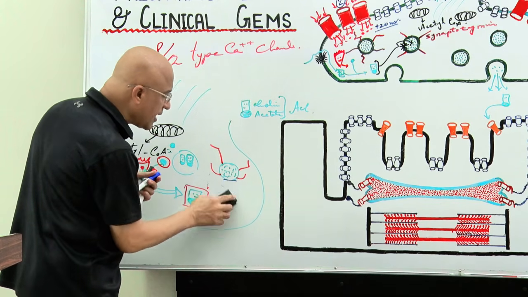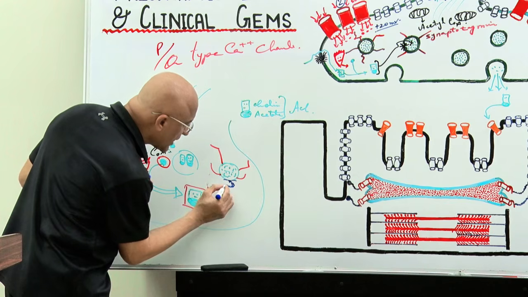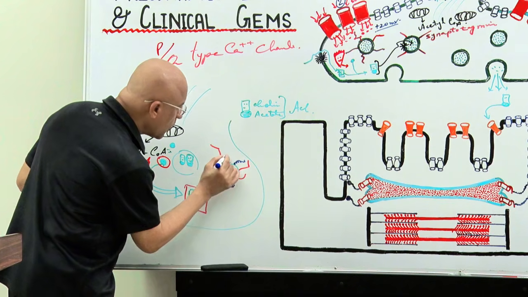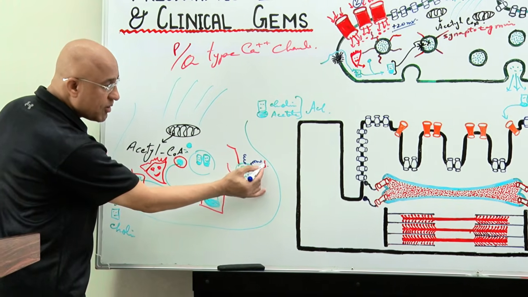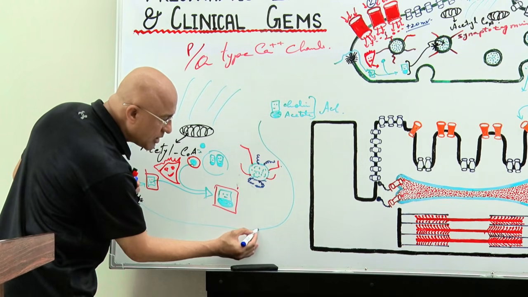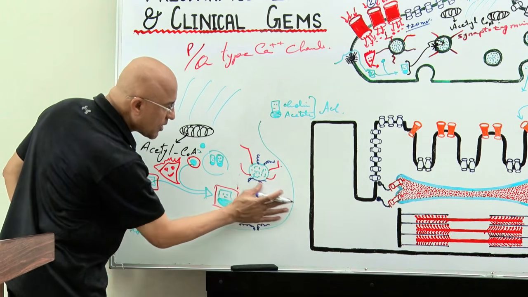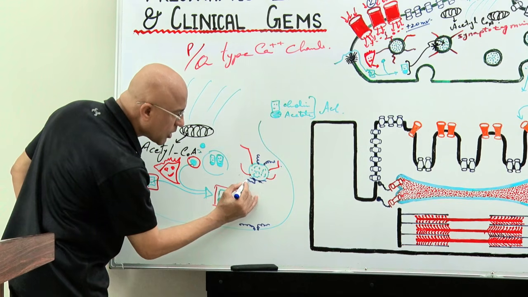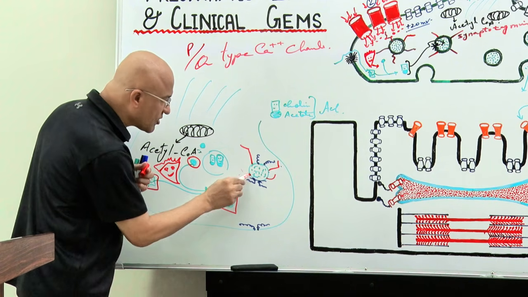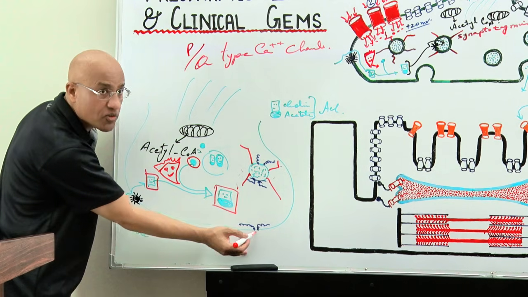These proteins are just like one part of a zipper. As long as there is no calcium, they will not allow these vesicular proteins to interact with the membrane proteins, which are also similar. These are membrane proteins, and you can imagine these are vesicular proteins. But as long as this naughty one is there, can this group of proteins fuse with this group of proteins? No.